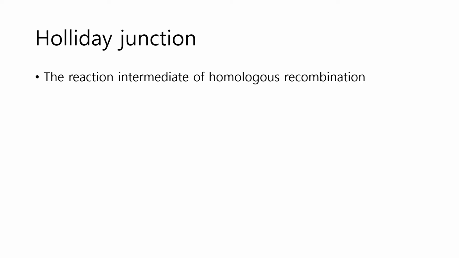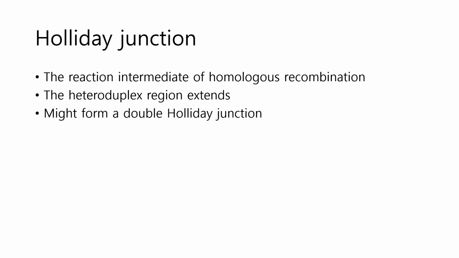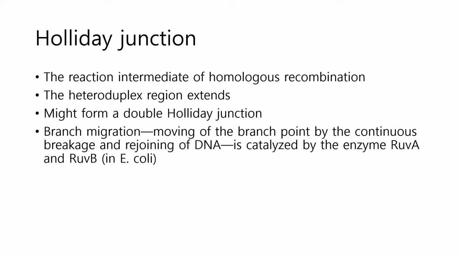Holliday junction. Holliday junction is a reaction intermediate of homologous recombination. The heteroduplex region extends because of branch migration. It might form a double Holliday junction.